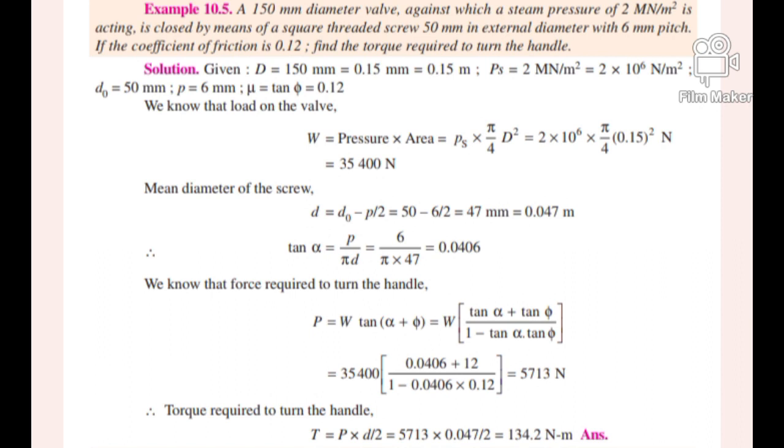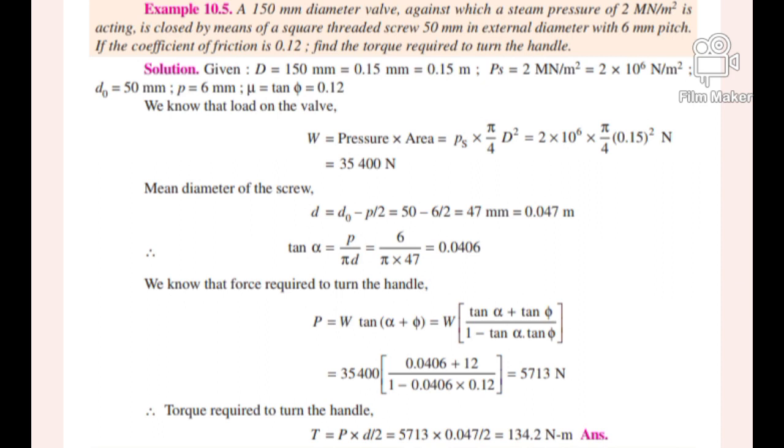After finding the alpha value, we have to find the force required to turn the handle. The formula of force required to turn the handle is P is equal to W into tan of alpha plus phi. Here phi is the frictional angle. We can find it by the formula mu is equal to tan phi, where the coefficient of friction is 0.12.